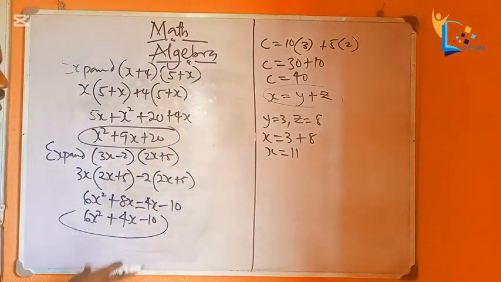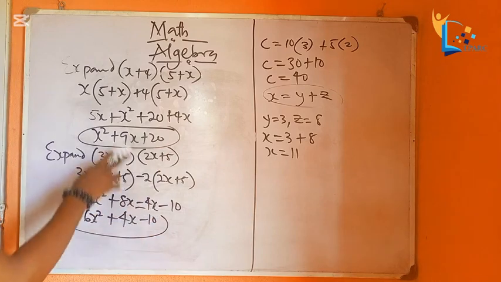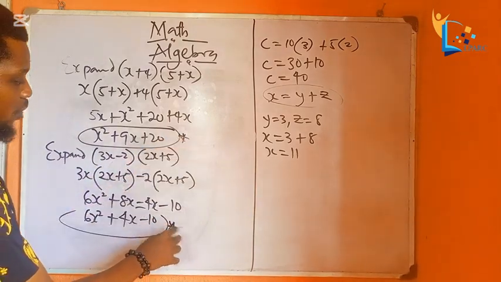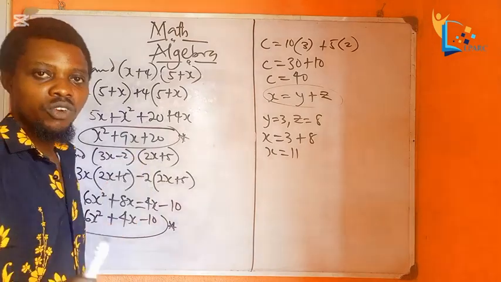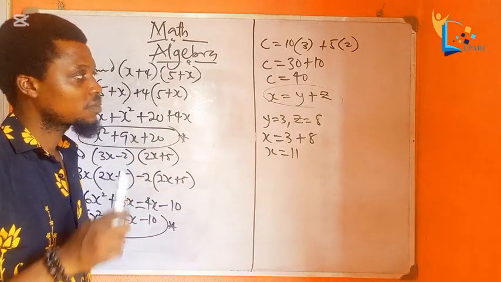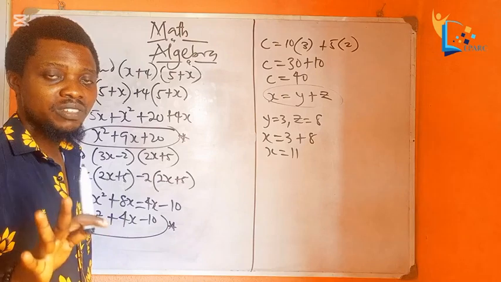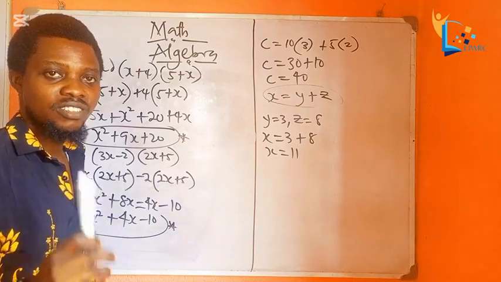Okay? Now this will lead us to what we call factorization of algebraic expressions. Now we are going to use these results we have here to see how factorization works. That is the main emphasis, factorization. We are going to lay more emphasis on that because it's going to come in handy when we start dealing with methods of solving quadratic equations.